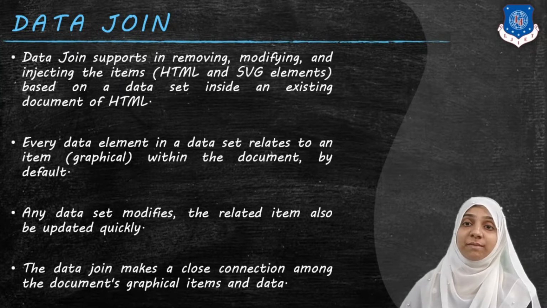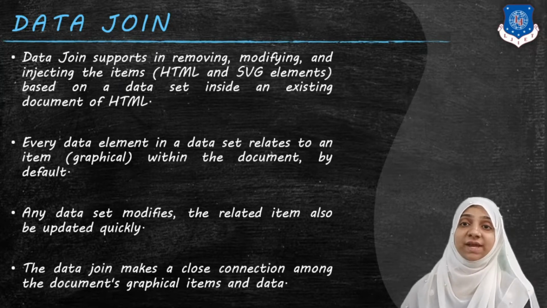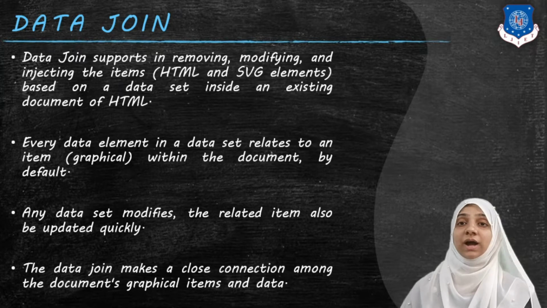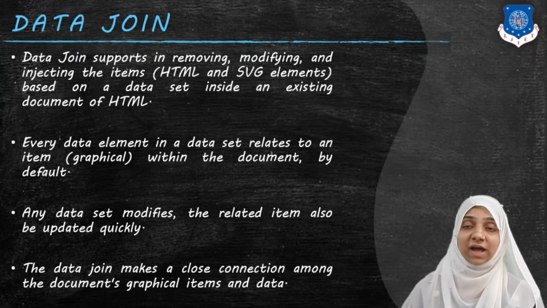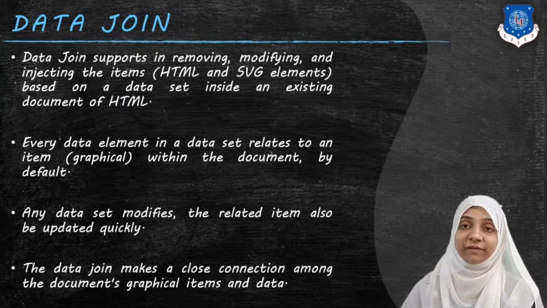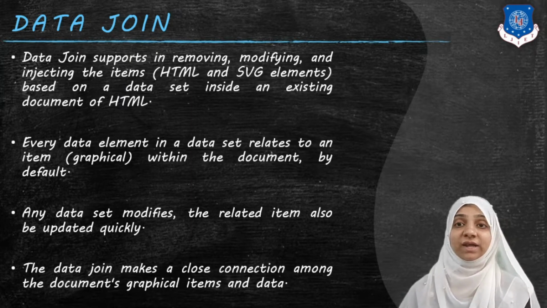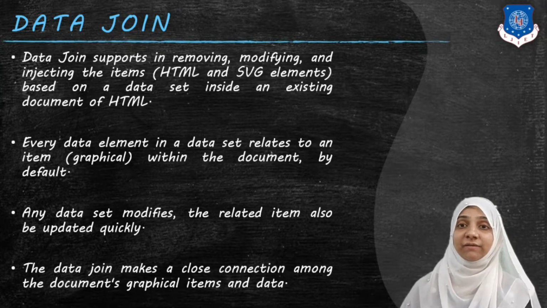Say for example, my array has values 10, 20 and 30, and I assign these array values to 3 different circles. If any value in the data set is updated, my related circle's size also gets updated quickly. So that can be done with the help of data join easily.